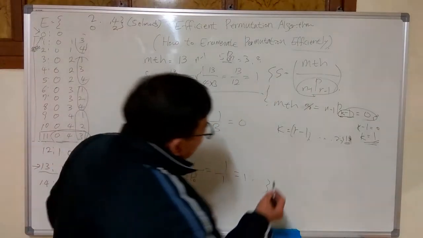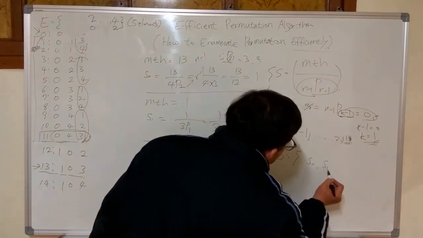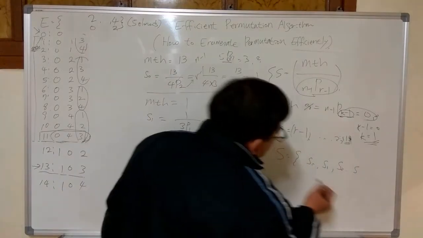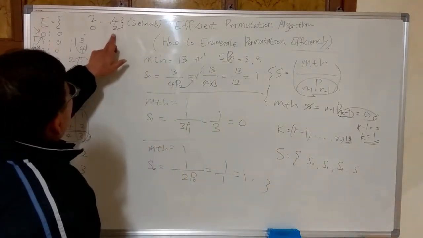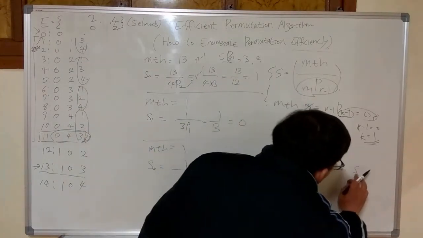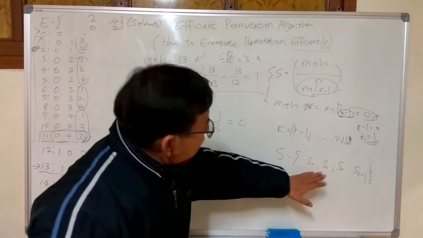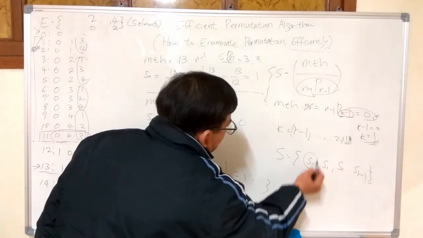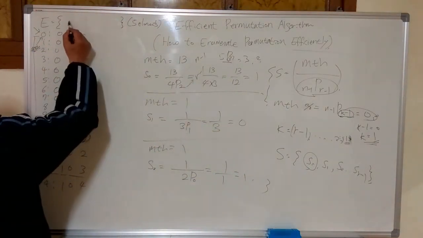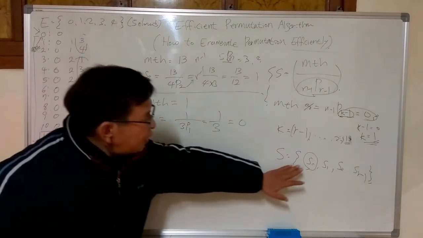If we got this set, I would say S0, S1, S2, S, say we have R elements 0, 1, 2, up to R minus 1. Then we are using this as index of this set, 0, 1, 2, 3, 4. We are using this as index.